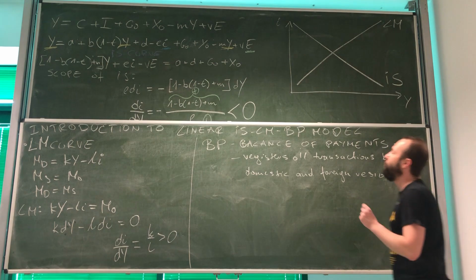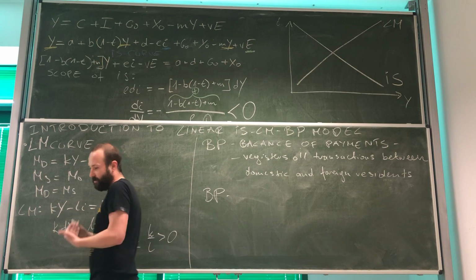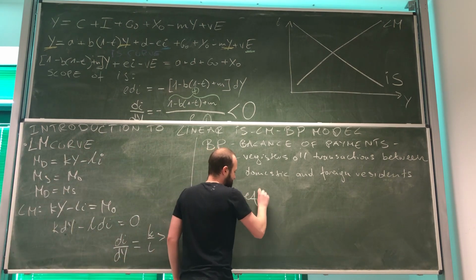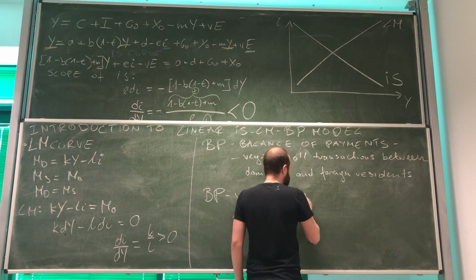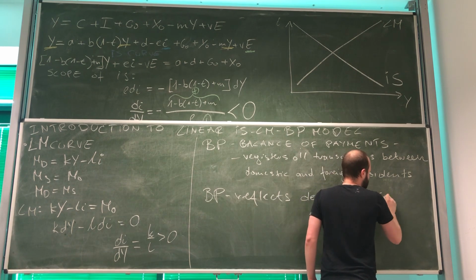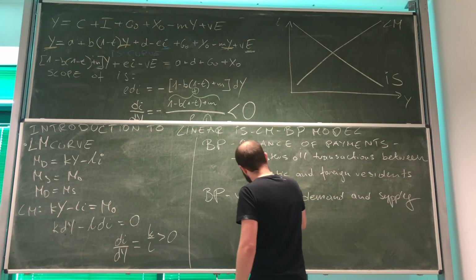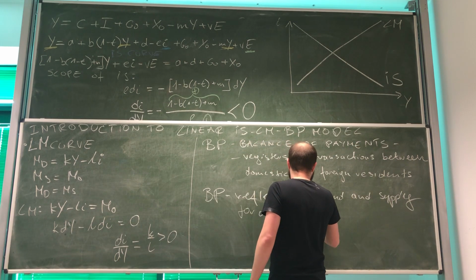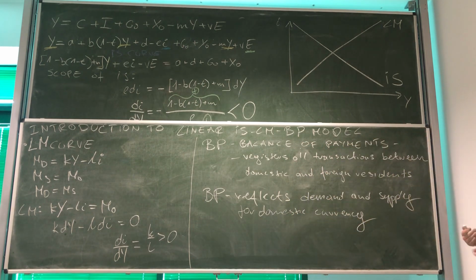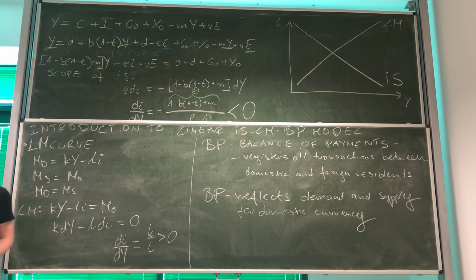So what the BP curve does is that it reflects demand and supply for domestic currency.